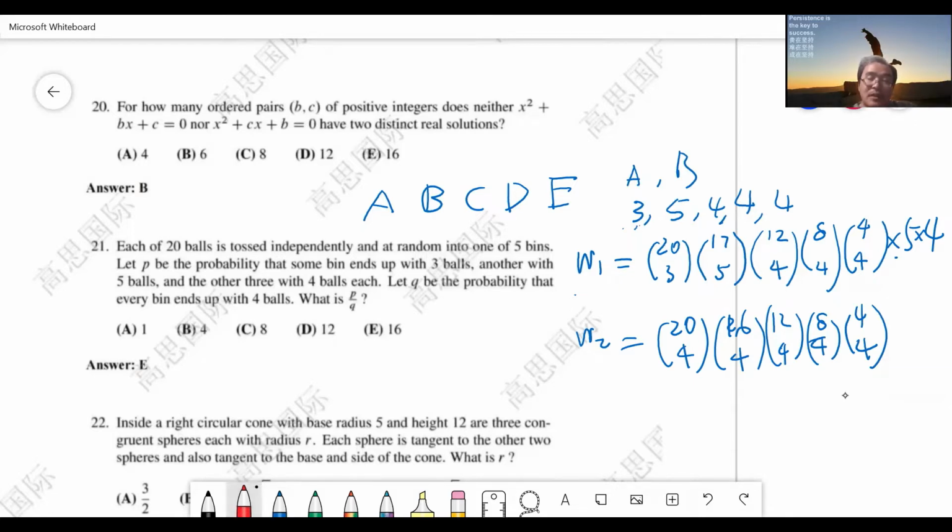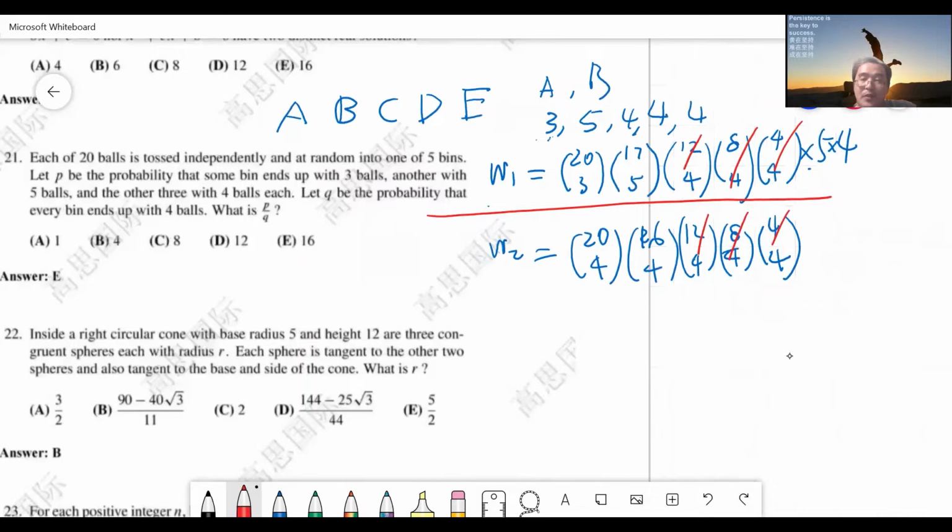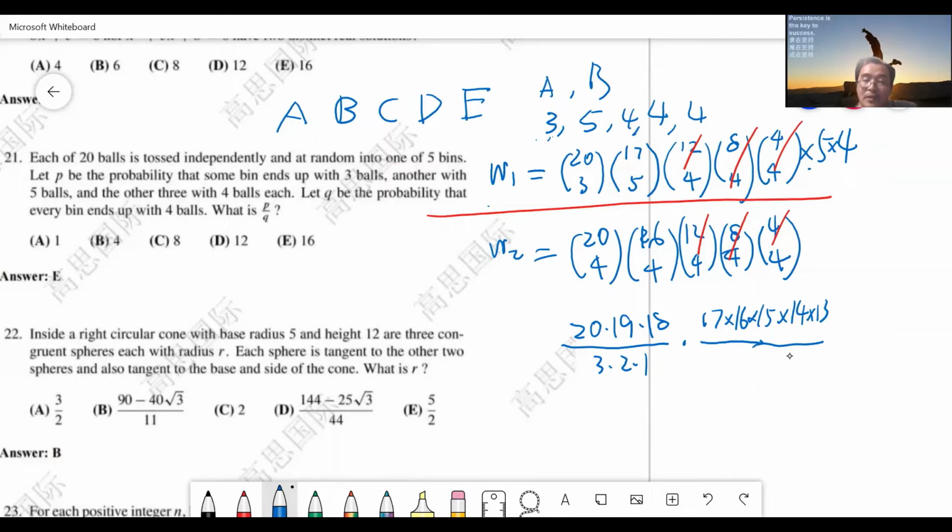So actually we're going to divide and take this ratio, and we can simplify. This cancels, this cancels, this cancels, so we're going to just focus on these three. The first one is 20 times 19 times 18 over 3 times 2 times 1, times 17 times 16 times 15 times 14 times 13 over 5 times 4 factorial.